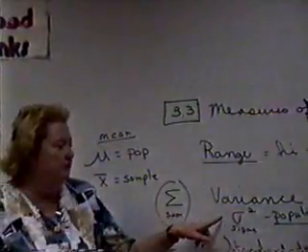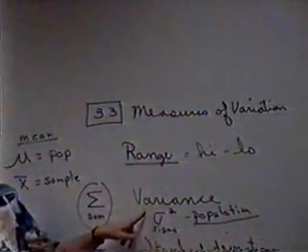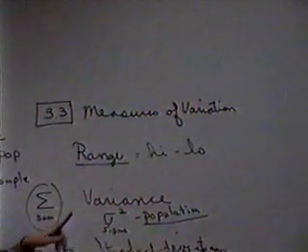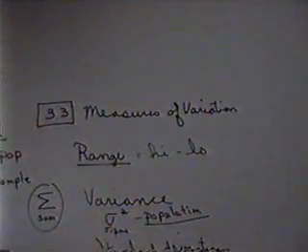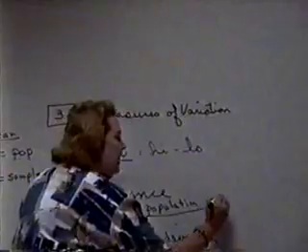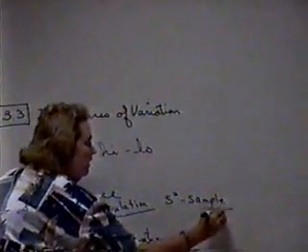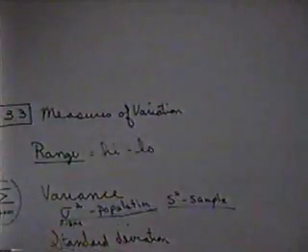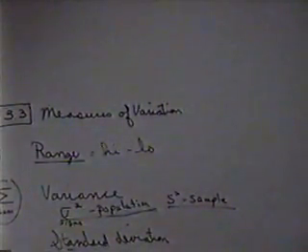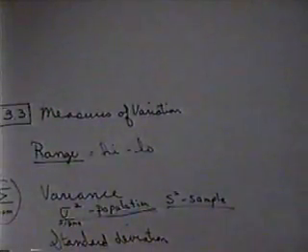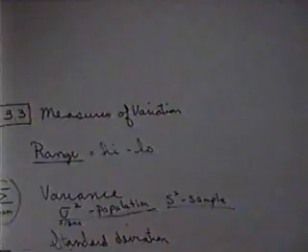Again, we have a different label if we are working with a population or a sample. The population is sigma squared. It's s squared if we are working with a sample. So we have to make sure we know whether we're working with all of the data or just part of the data so we know how to label it. Sigma for a population, s for a sample.